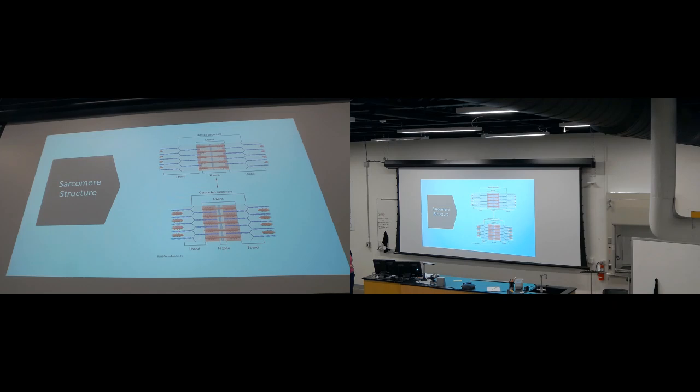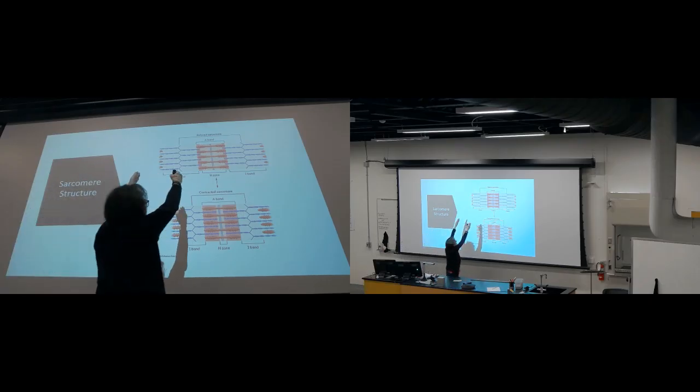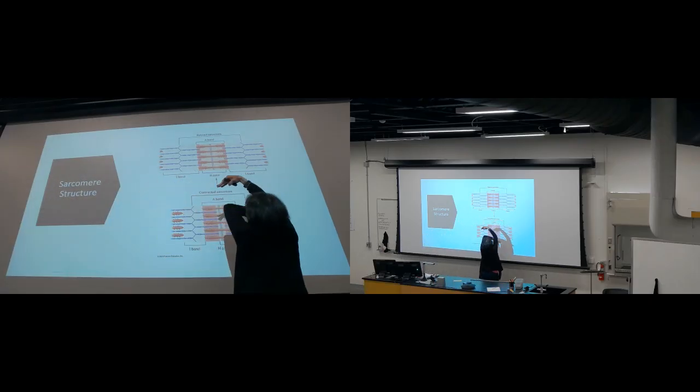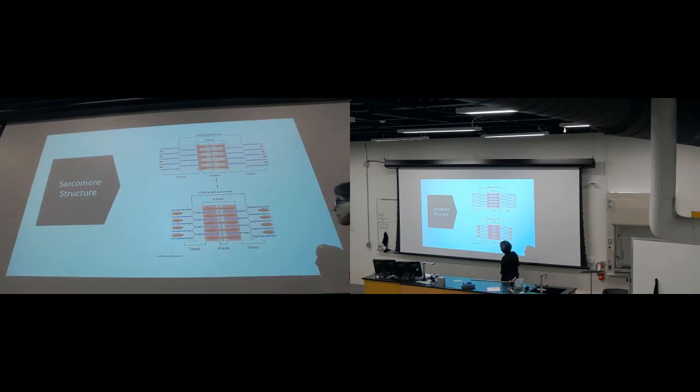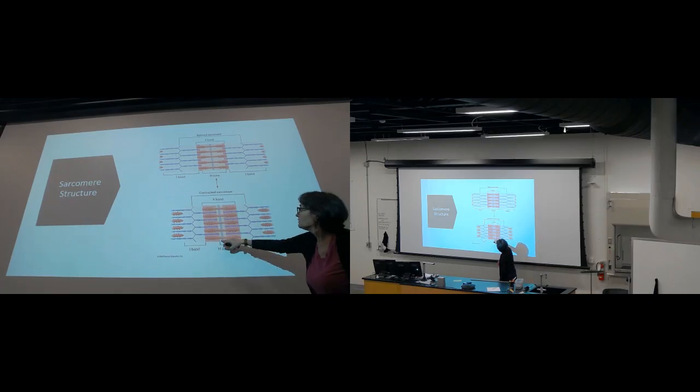And then your I band becomes shorter. You can see it here. So this one was long, and then when you slide actin over myosin, this one becomes short. But there is no change in the diameter of this A band.